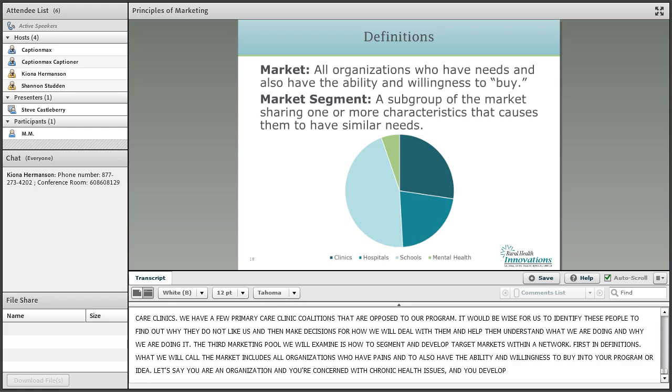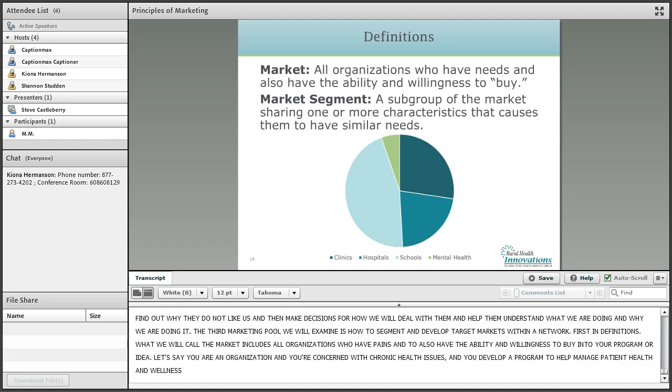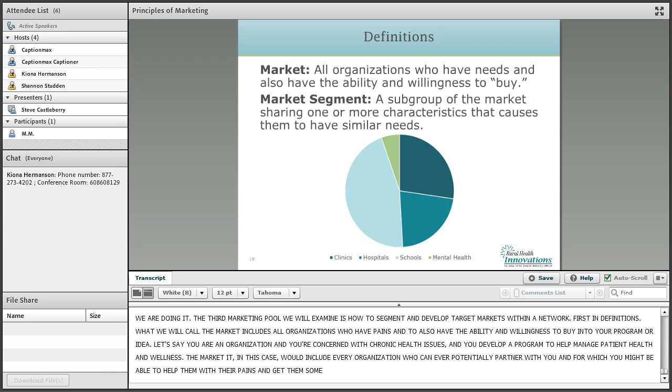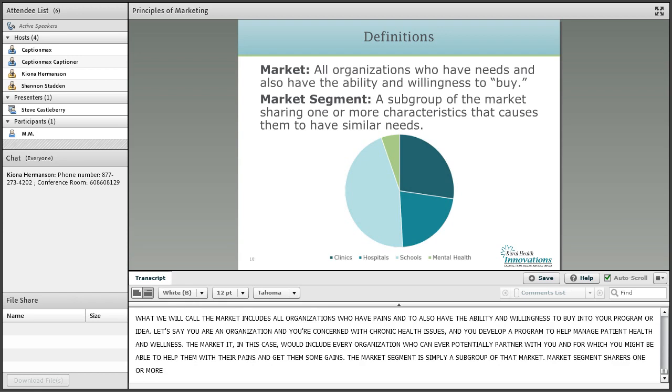Influential adversaries are an interesting group. They wield influence over a decision to partner with our organization, but are actually opposed to our organization or someone in our organization. For example, let's say we're trying to integrate behavioral health, like mental health and substance abuse evaluation and referral, into primary care clinics.